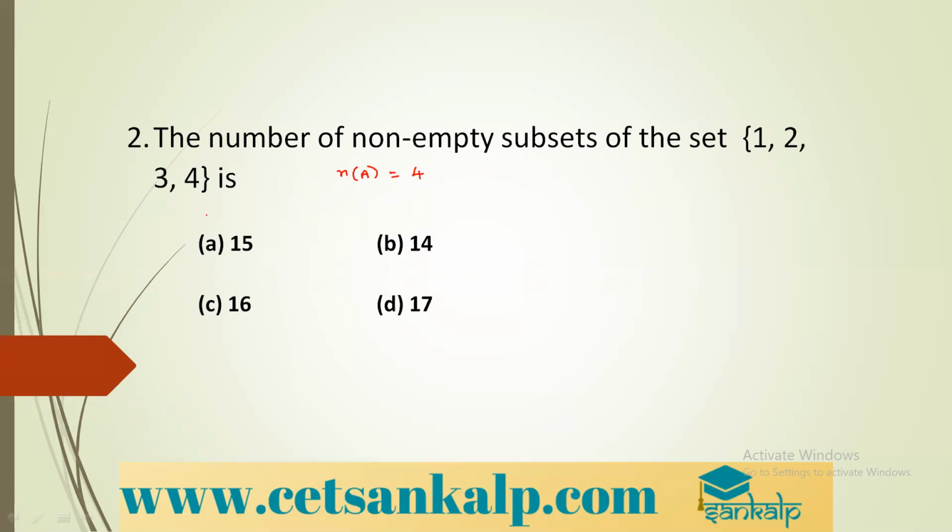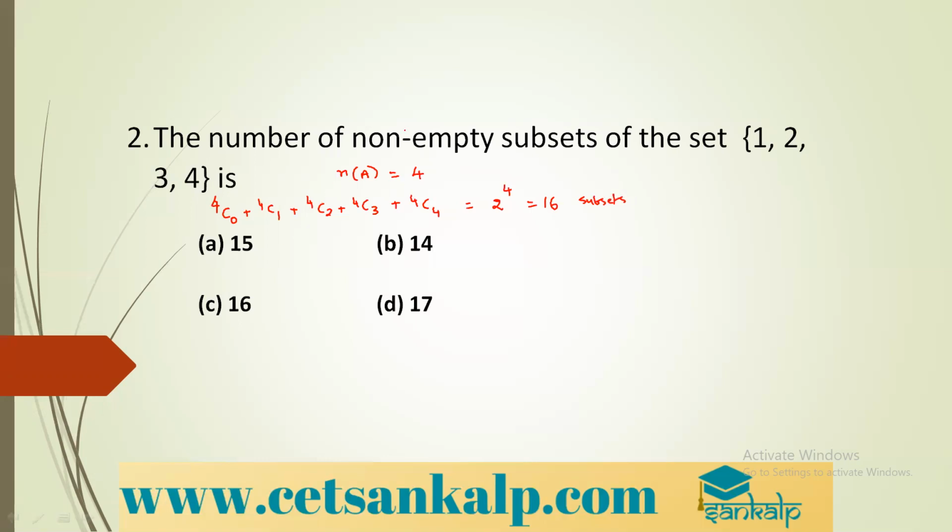So when you make subsets from these 4 elements, you can select nothing, or you can select 1, or you can select 2, or you can select 3, or you can select 4. That means total 2 power 4. That is 16 subsets you can form.